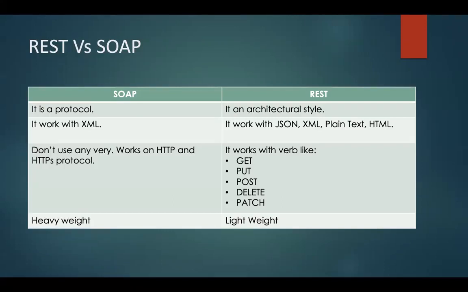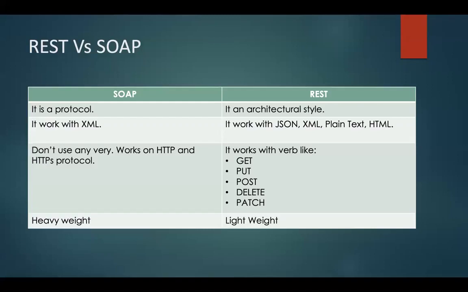SOAP doesn't use any verb, it works on the HTTP and HTTPS protocol. However, REST works on verbs. So when you create REST, you need to define the verb like get, put, post, delete, and patch. Maybe you have heard in the past too, like get, it's a get API. Get, as the name suggests, is to get the resource, like to fetch the employee's data.